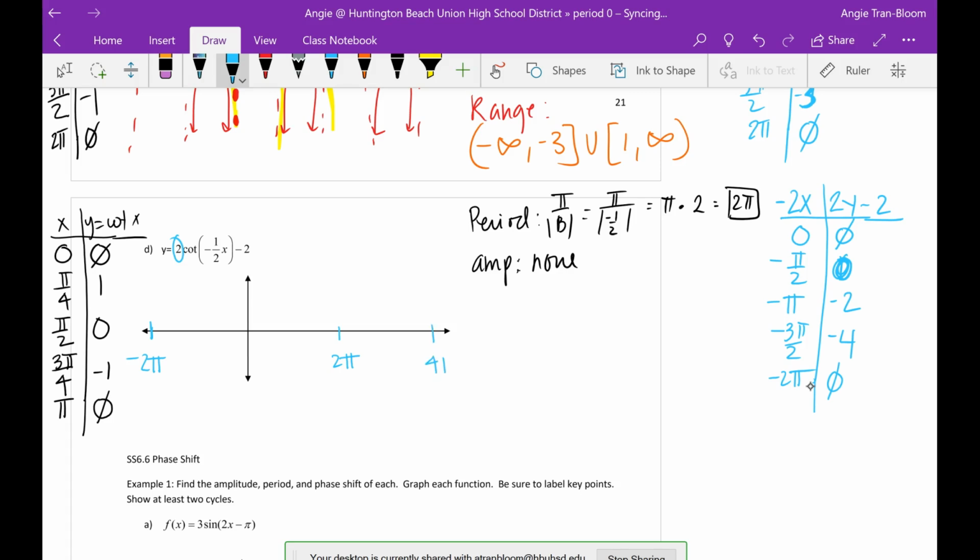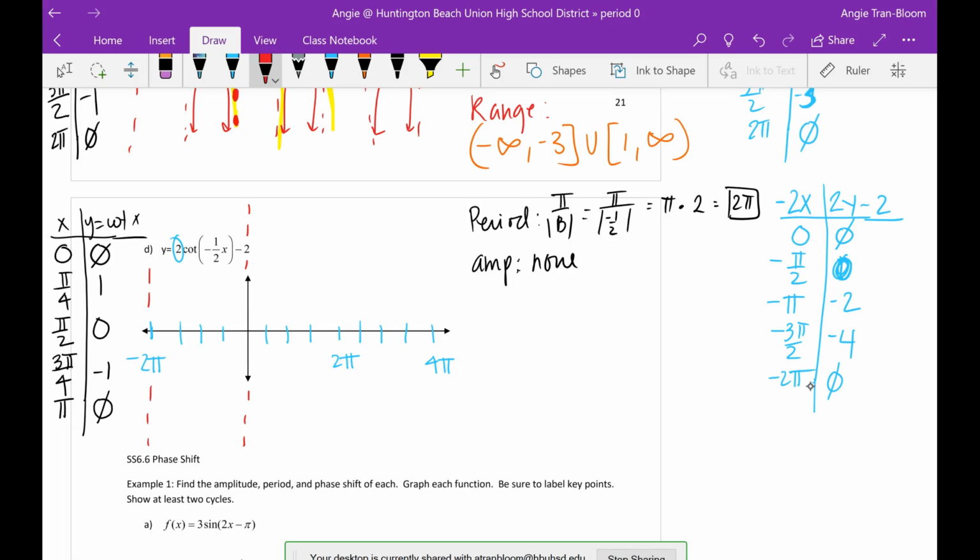And I'm also going to go all the way to 4 pi to the right. I'm going to start with the asymptotes because to me that's the easiest. The asymptotes are both at negative 2 pi and where else? 0. And again, if you don't think I can see your pencil mark on the y-axis, just go above it. No worries. Okay.